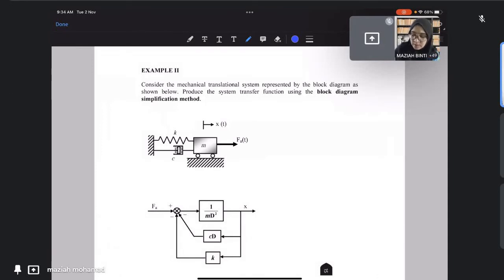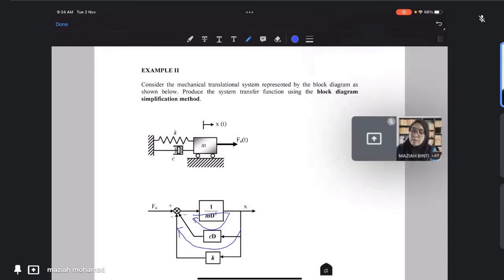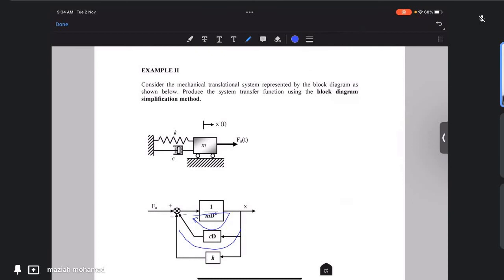This is feedback, and this one is also feedback, so both of these are feedback loops. First, normally we're going to determine what type of block is in there, whether it's series, forward, or feedback. So in here we know that it is a feedback loop.